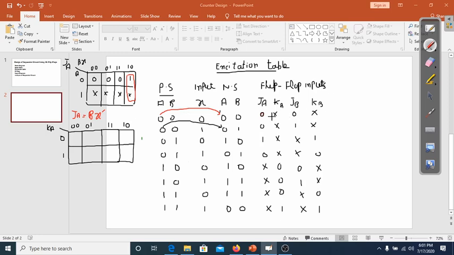So here you can see for 0 0 0 there is a don't care. For 0 0 1 there is a don't care. For 0 1 0 there is a don't care. For 0 1 1 there is a don't care.